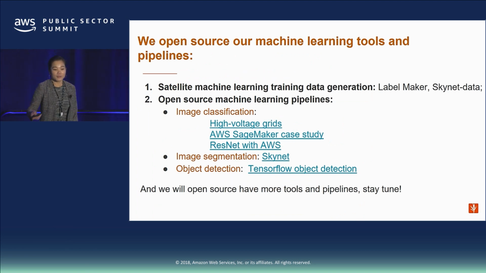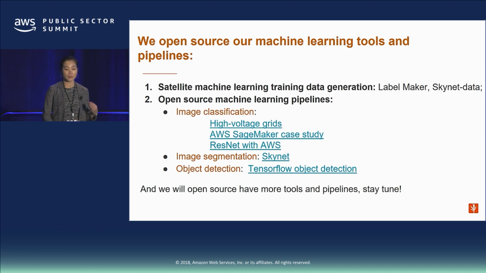At DevC, we have opened up all our machine learning tools and pipelines, which you can check out. We have label maker, we have Skynet data, we have Geodex, and we have many other open source tools. You can search or process the satellite imagery, as well as get ready-to-go machine learning training datasets.